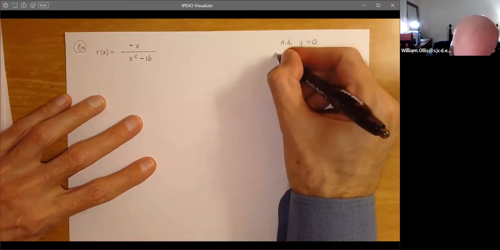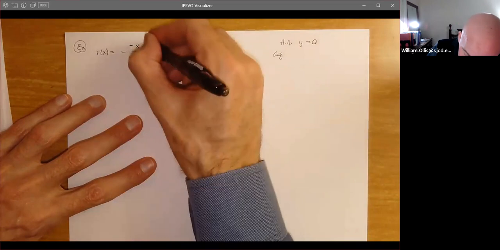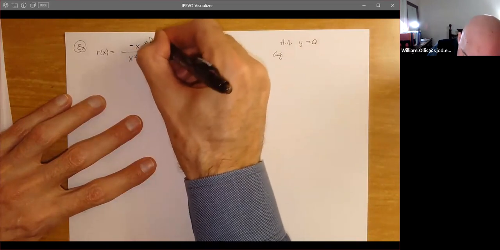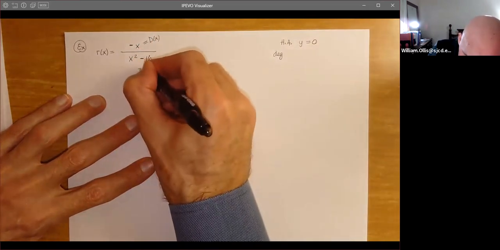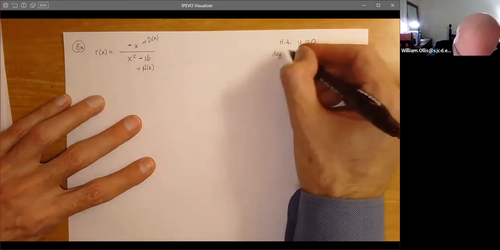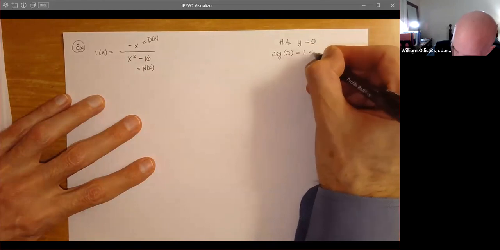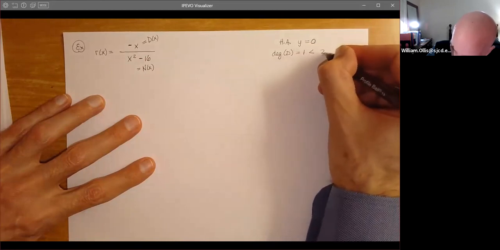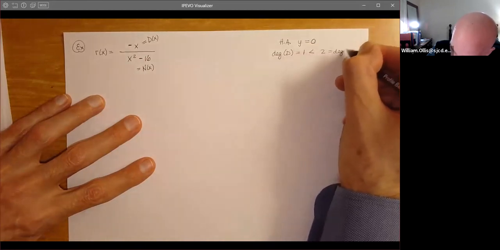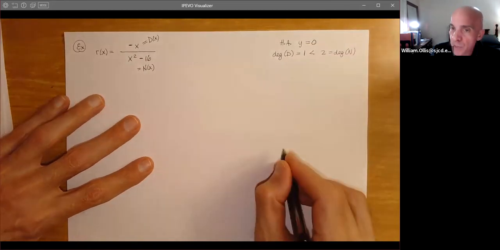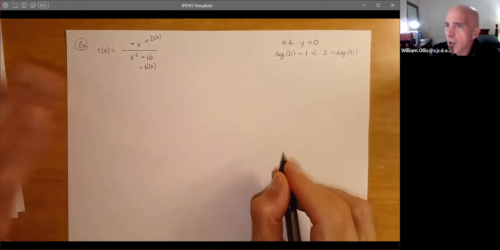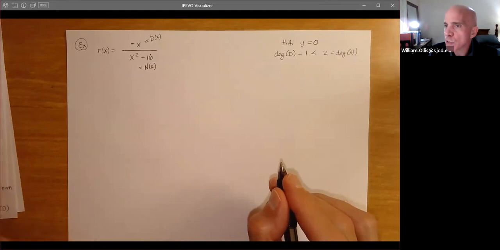We can say this is n of x, and this is d of x. Degree of n equals 1, and that's clearly less than 2, which is the degree of d. So that's case 1. So that's easy. I mean, the horizontal asymptotes will not give you a lot of grief.